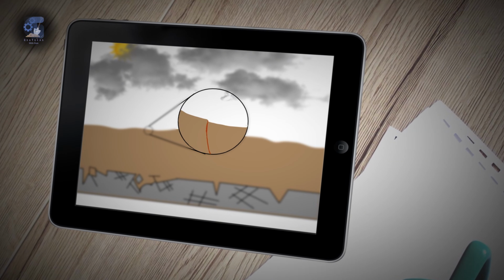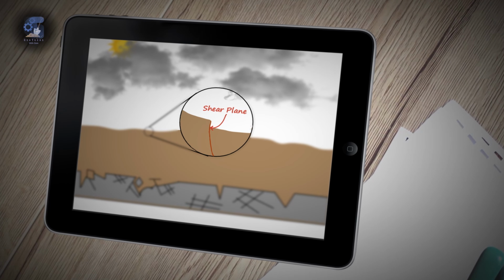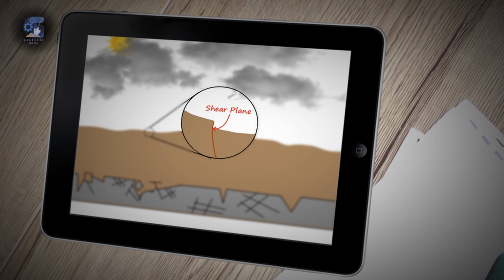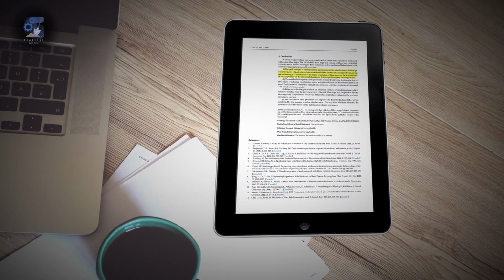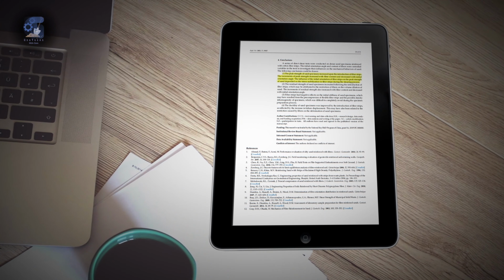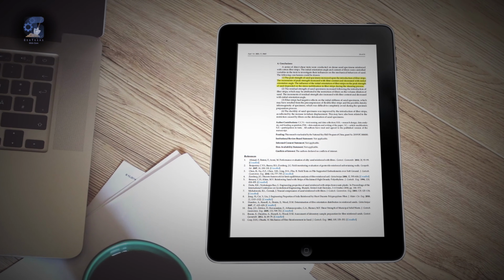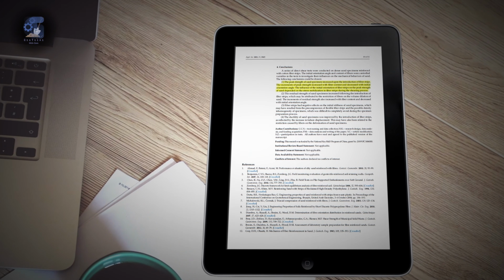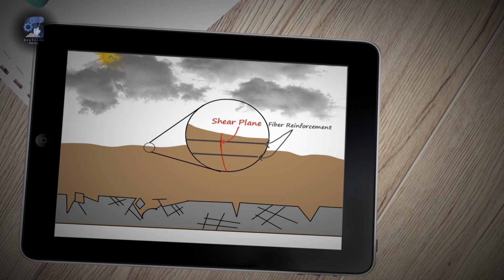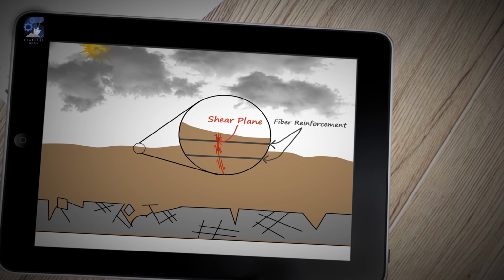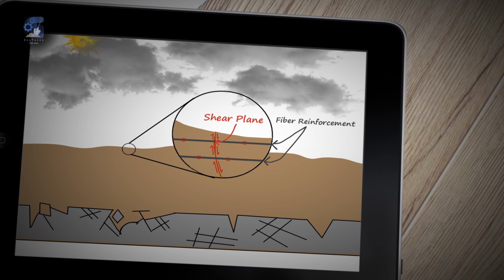When soil fails in shear, a shear plane is formed. What I discovered in my research is that the volume and angle of orientation of the reinforcement fibers has a direct influence on the strength and deformation characteristics of the soil. When fibers intercept the shear plane during failure, the shear stresses are transferred to the fibers.